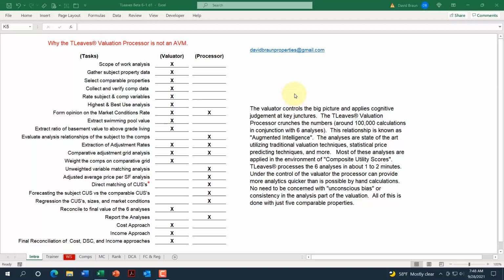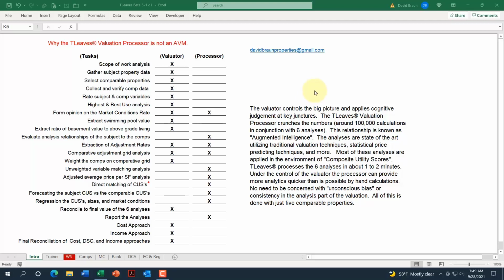Now, the valuation processor is an attempt to meet the needs of appraisal modernization. We're actually trying to do that in the industry on all fronts, on the databasing, on the forms, even how the mortgage brokers and the mortgage companies handle their data, to how the AMCs work.